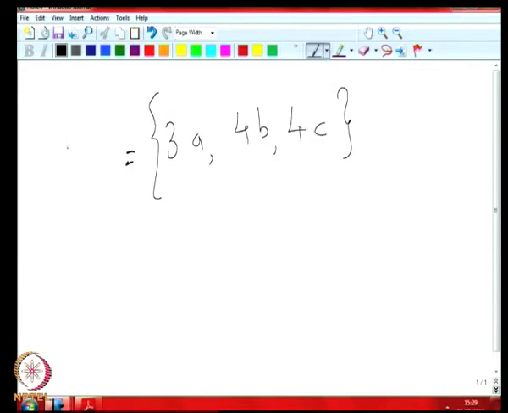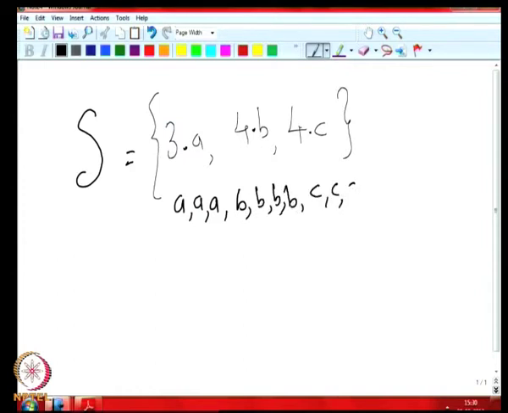This notation we had seen: 3a means we have a 3 times here, and then b 4 times here, and c 5 times here. From this multiset we need to create 10 combinations. 10 combination means we need to select 10 things out of this, right.